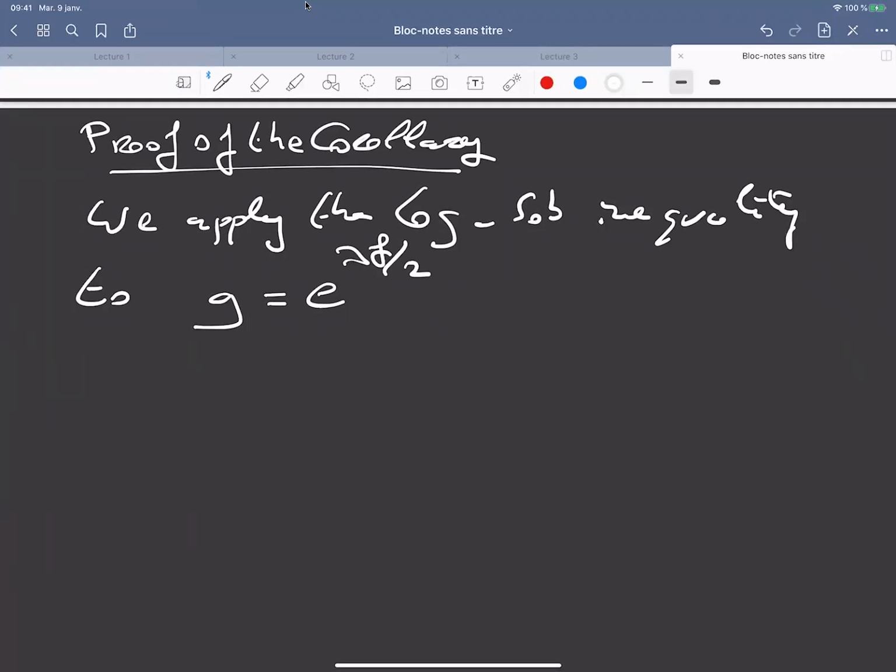So we look at g, which is equal to exponential of lambda f over 2. And now we use the simple inequality, which is that exponential b minus exponential a is less than b minus a times the sup of the derivative of the function, that is the function itself, because this is exponential. And this is if a is less than b.